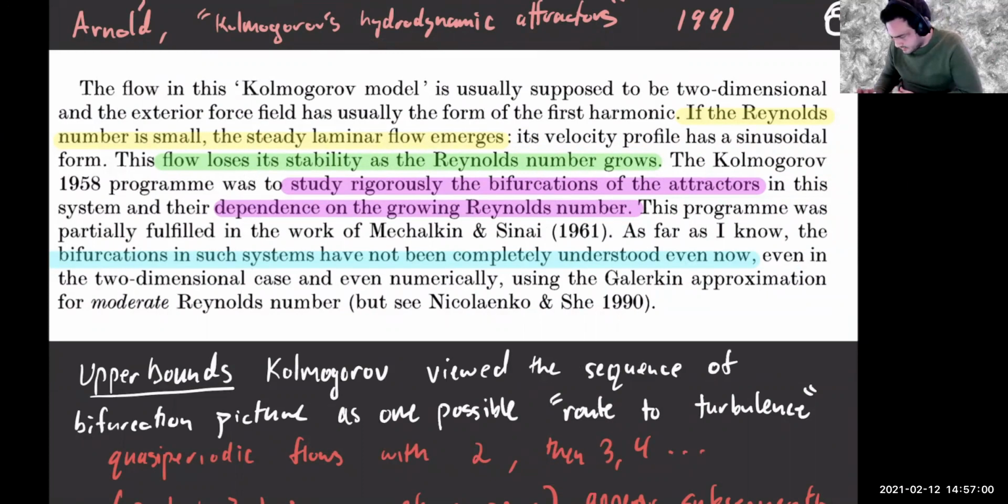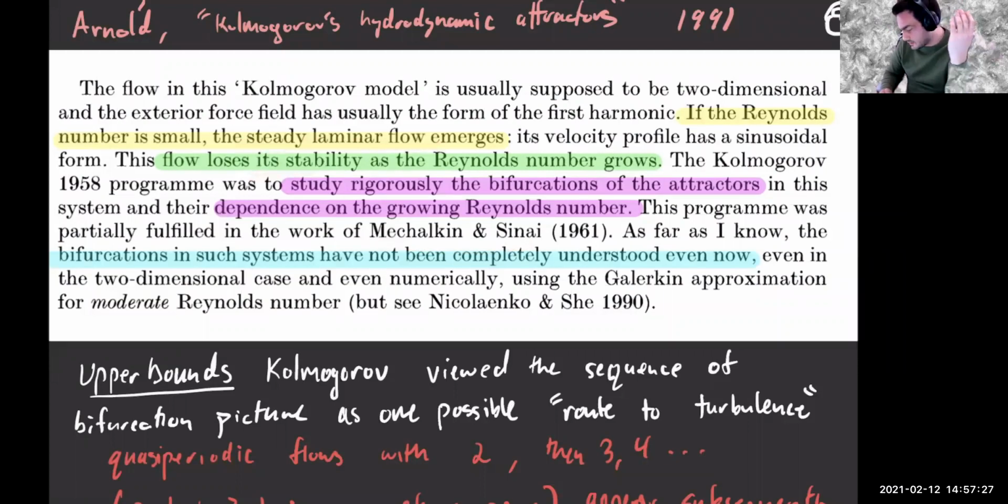So he just says what we just said. If the Reynolds number is small, the steady laminar flow emerges, and then that flow loses stability as the Reynolds number grows. And Kolmogorov's program is to rigorously study these bifurcations of the attractors and the dependence of these attractors on the growing Reynolds number. The first step in this program, the instability, was done by Meshalkin-Sinai.